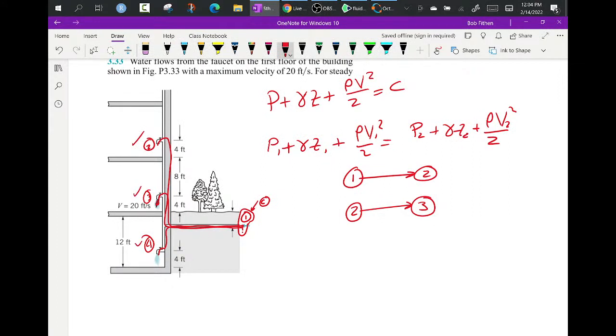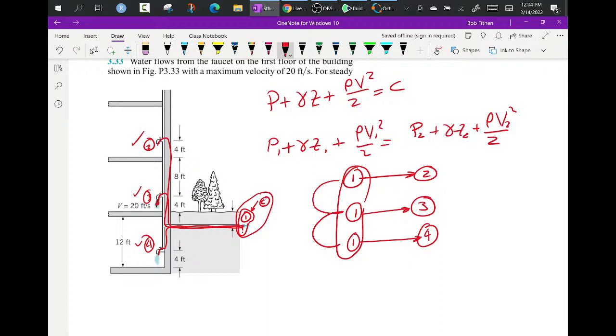So legally, I can't do 2 to 3, but since they all originate at 1, I can write 1 to 3 and 1 to 4. But this is the same 1, so in fact, I can write from 2 to 1 and then from 1 back to 3. So I can write between these because there's an intermediate where they're all at the same energy.